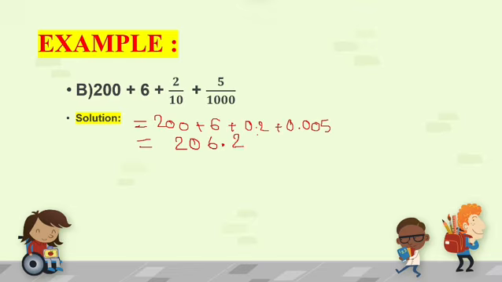But there is nothing in the hundredths place, so we are going to put a 0, and then comes your thousandths place, that is 5. So you have to keep in mind whether you have any number in each place value. Do we have any number in the tens place? No, so we'll put a 0. Do we have any number in the hundredths place? No. So we are going to put 0 over there, and this is how we will frame our number in short form. And how are we going to read? 206 decimal 205.